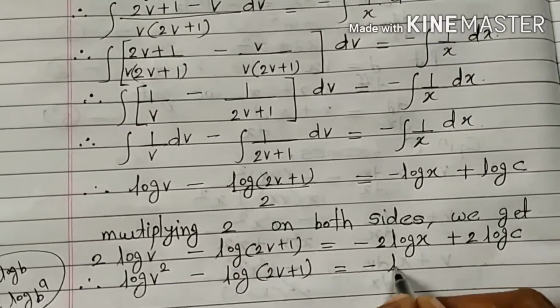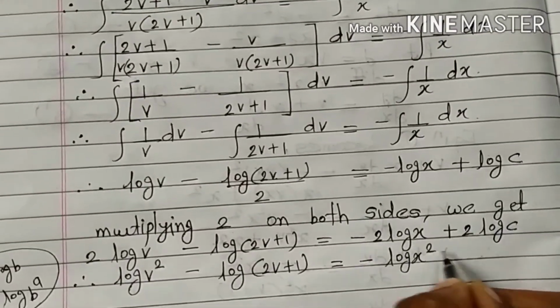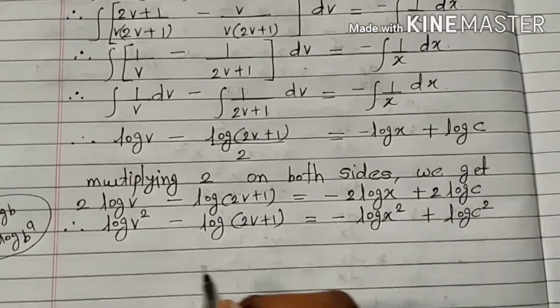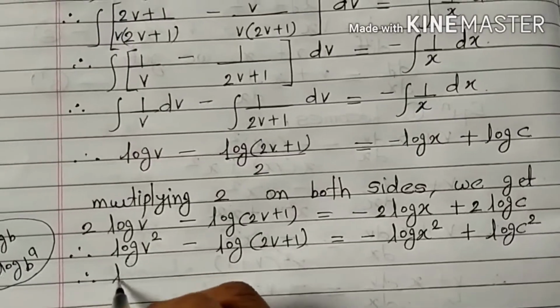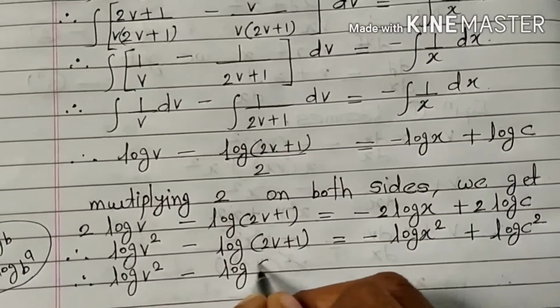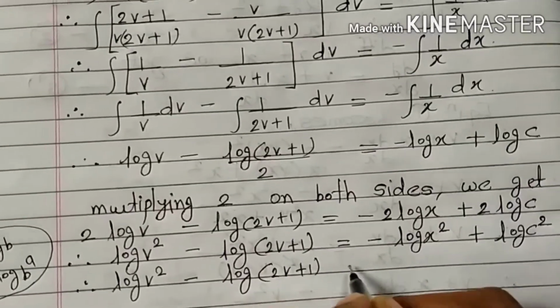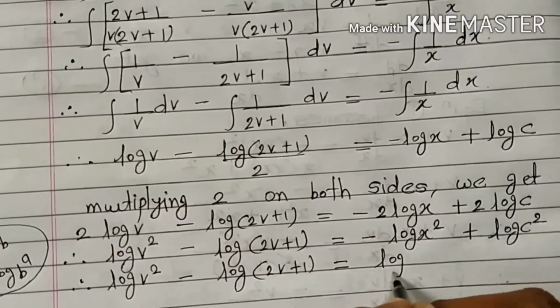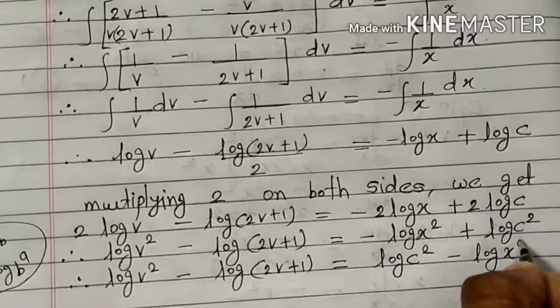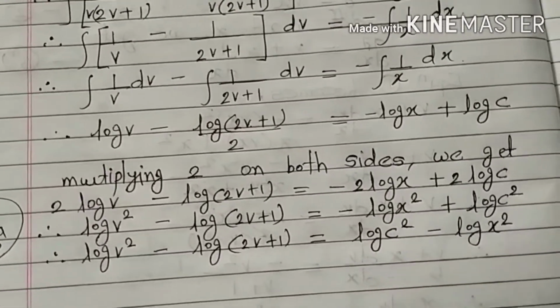It is minus log x square plus log c square. Okay. Therefore, log v square minus log 2v plus 1, which is equal to log c square minus log x square. Okay, I am interchanging these terms only.